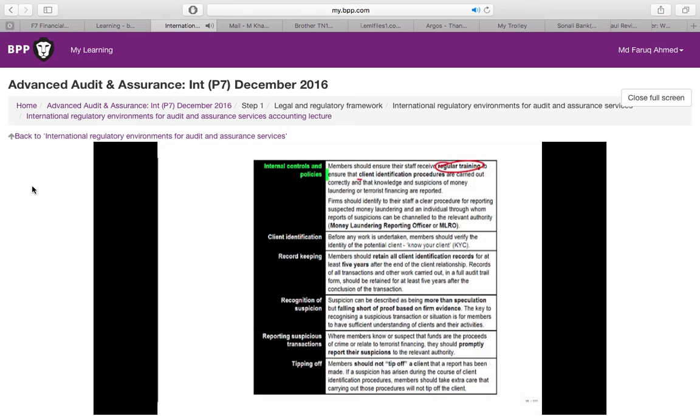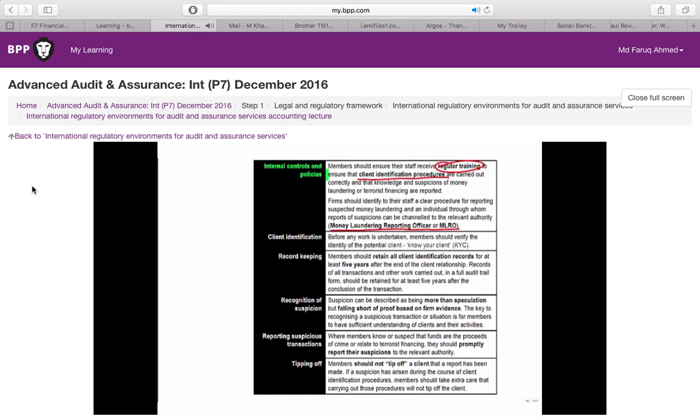A big part of this is the identification of clients, both before and during engagements and possibly even retrospectively afterwards, knowing exactly who you're dealing with, making sure that you aren't helping to harbour the proceeds of crime. Anything in terms of understanding problems or issues goes through the designated Money Laundering Reporting Officer, or MLRO, within the company.